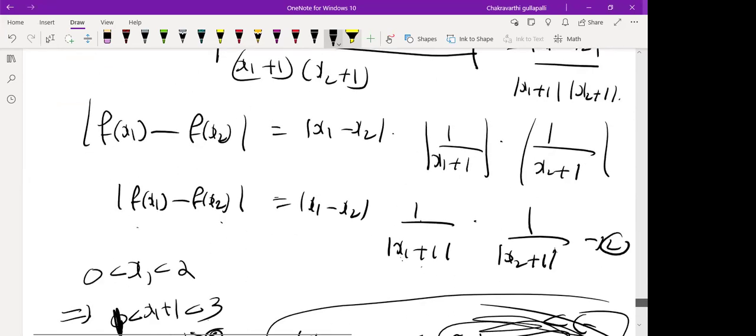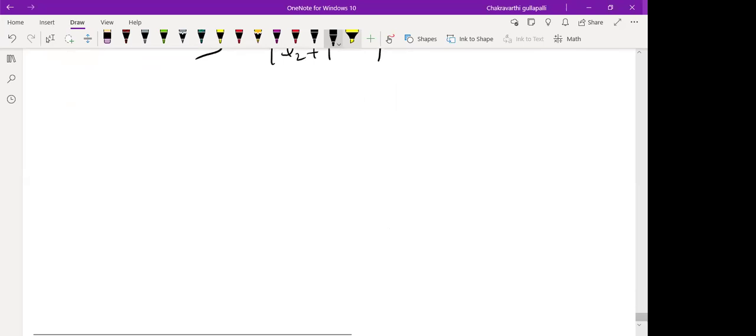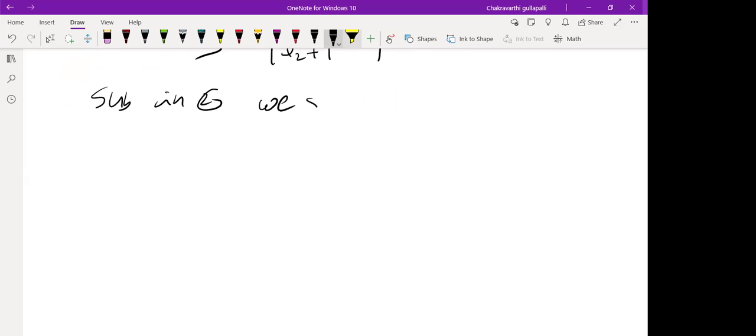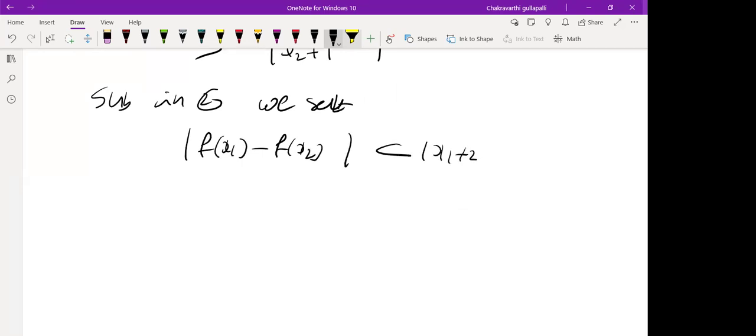We want this. Substituting, we get modulus of f(x1) minus f(x2) is less than modulus of x1 minus x2 into 1 by (mod x1 plus 1) into 1 by (mod x2 plus 1).